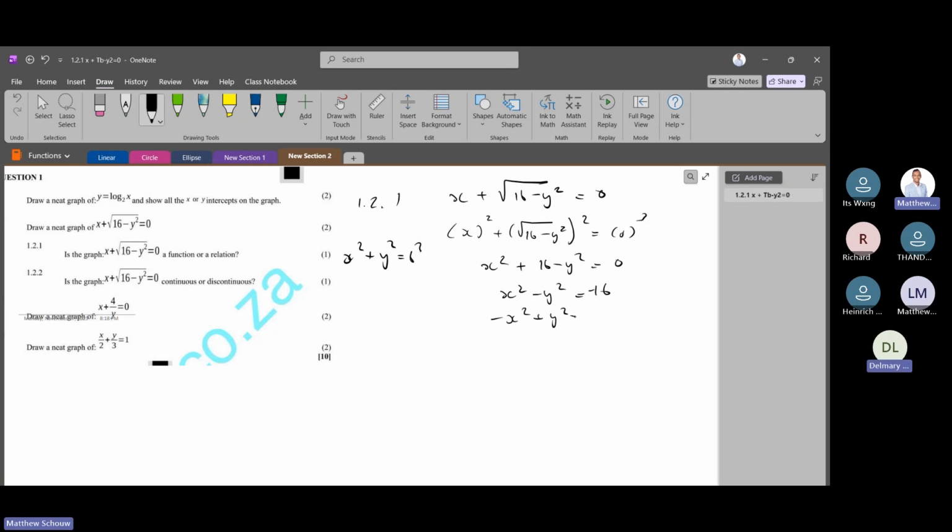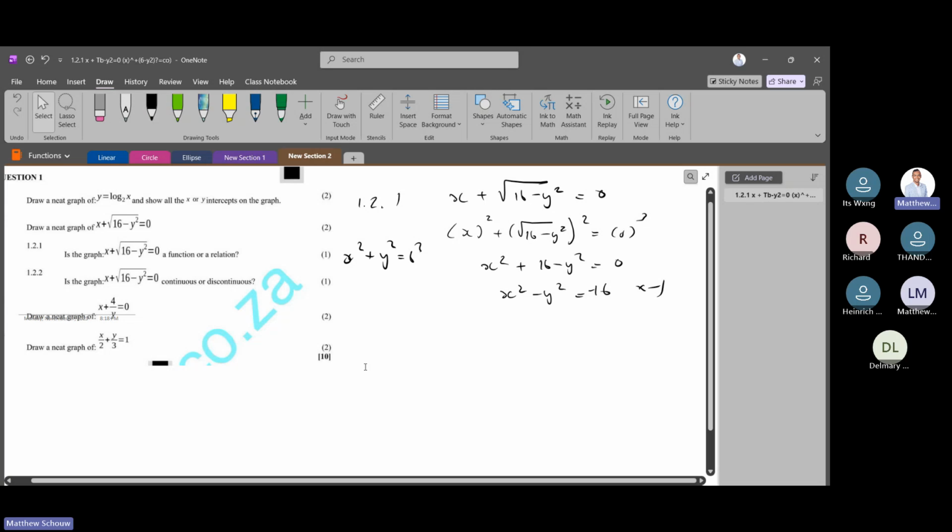No, it's like minus 1 times 16, which is also minus 16, and then we leave the minus 1 and do the square root of 16, which is 4. But if you multiply this by minus 1, everything must be multiplied by minus 1. If I do this side, each term must change signs. I don't know if that's the same thing.